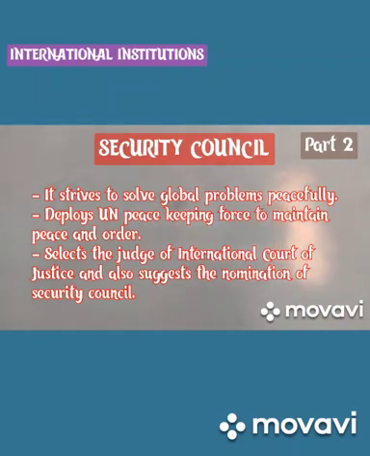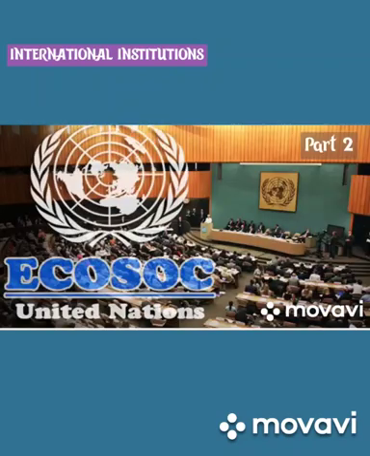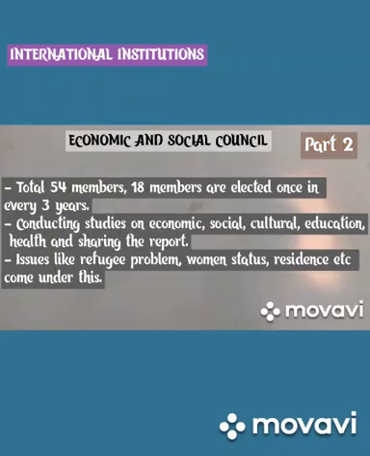Now moving on to the third body of the UNO, that's the Economic and Social Council. The Economic and Social Council has a total of 54 members. 18 members are elected once in every 3 years.